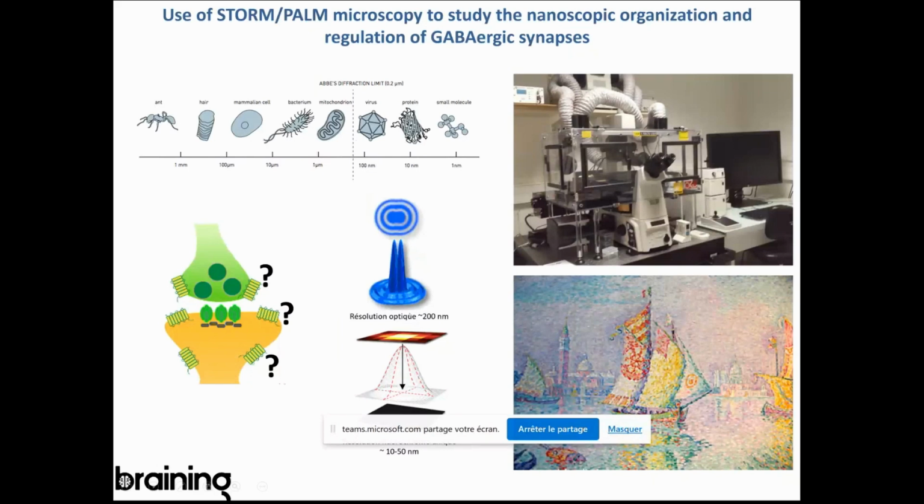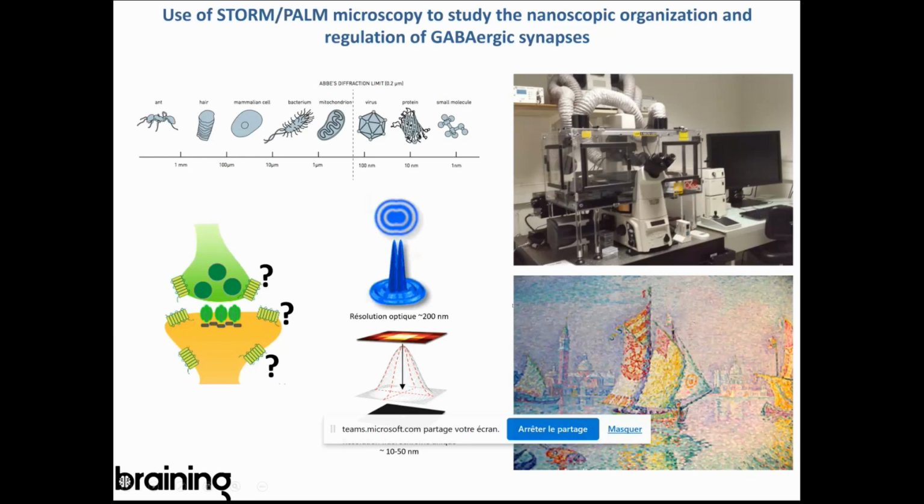This technique is also a single molecule localization microscopy approach, but in this case we are using a fixed sample, and we are activating single molecule localization randomly on the sample, and we are making what we call a pointillist image.